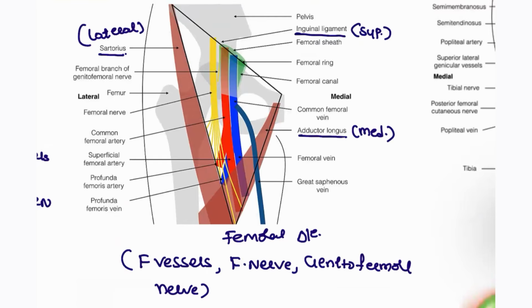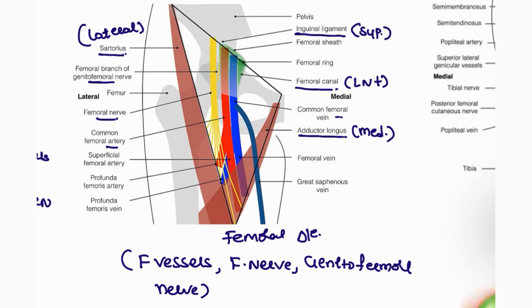Here you can see the common femoral vein, common femoral artery and femoral nerve. Along with that, there is the femoral canal, which also contains lymph nodes.